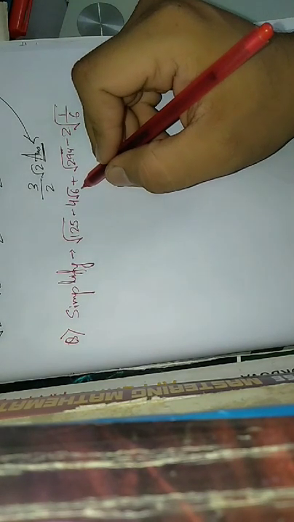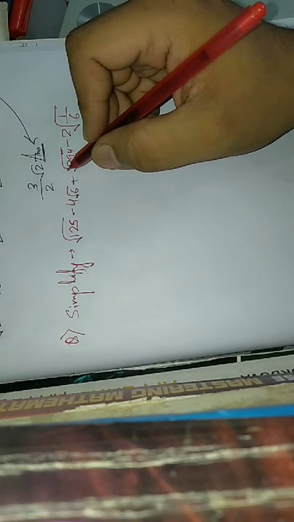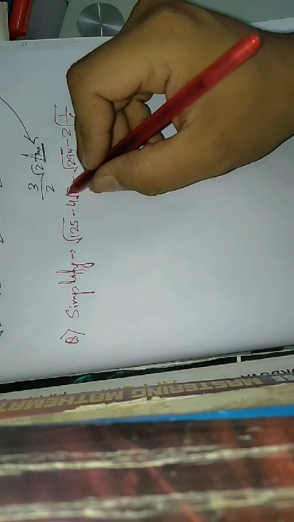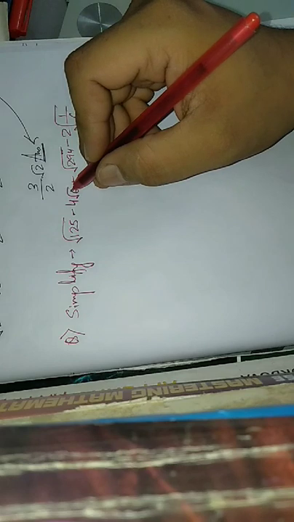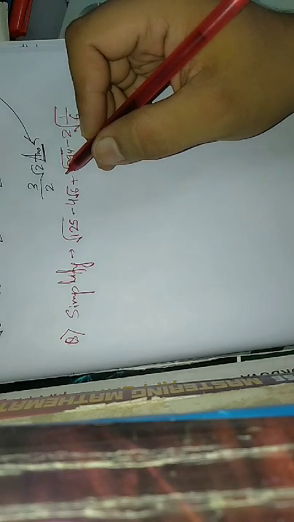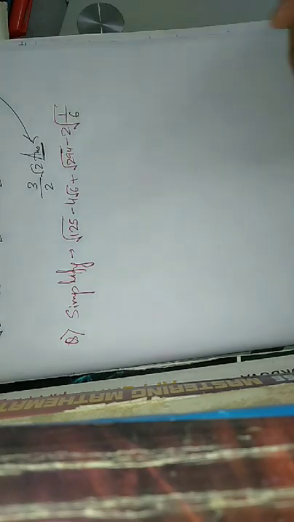Okay, so here also there are 4 terms, right? Among these 4 terms, this is one term which is more or less simplified. How much more do you need to simplify it? Root 6 maximum you can write as root 2 into root 3, but that is not fruitful, nothing will happen.